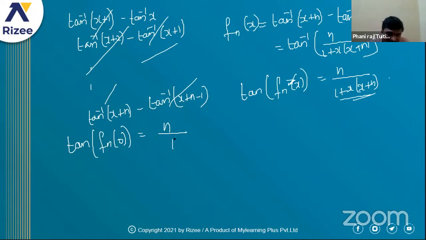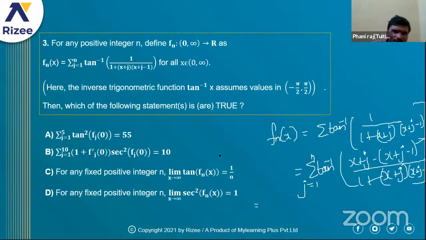Now this is just sum of squares of first n natural numbers. So what are the squares of first 5 natural numbers? 25 plus 16 plus 9 plus 4 plus 1. This is what? 50, 55. This is correct. Option A is correct.